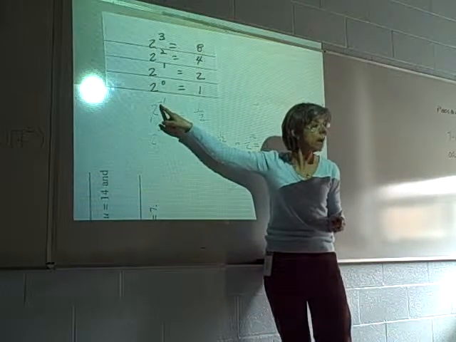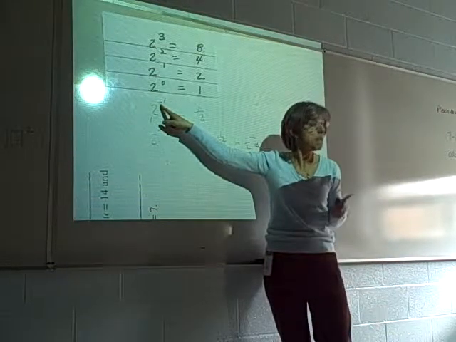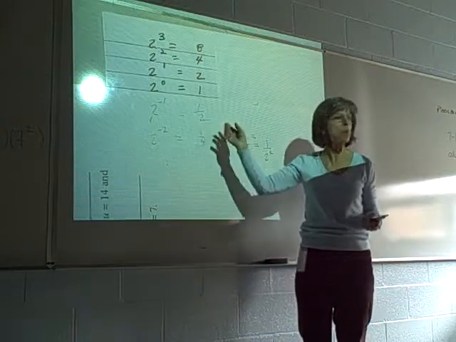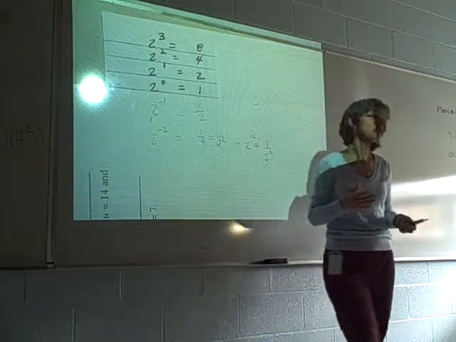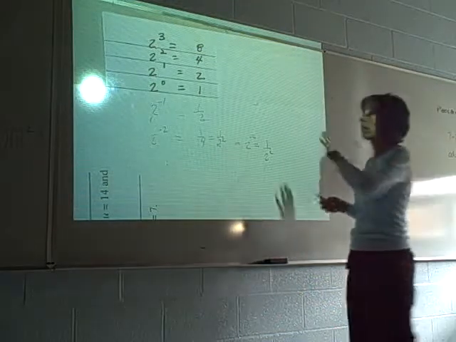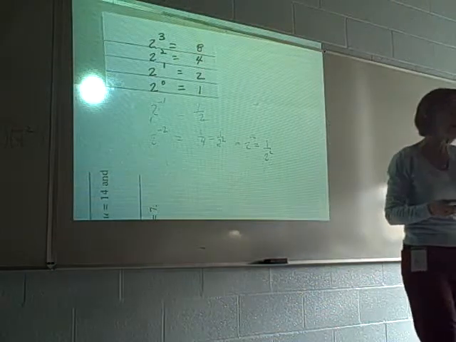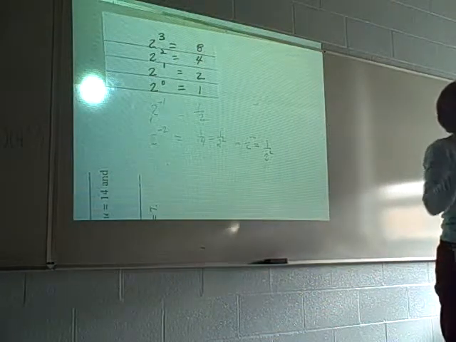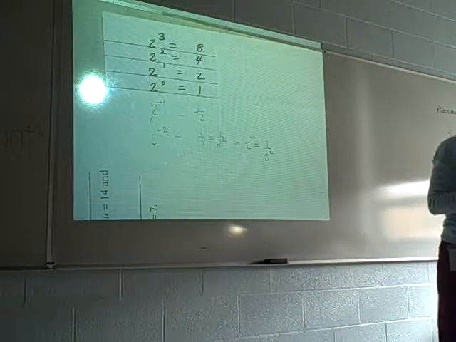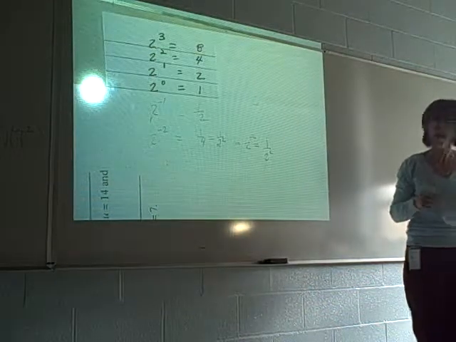If I have a negative exponent, I'm talking about what? Fractions. Without changing anything, other than adding a negative sign. And I think that's very cool. Okay, does anybody have any questions about why?